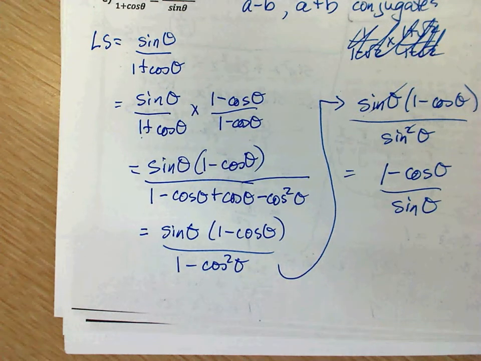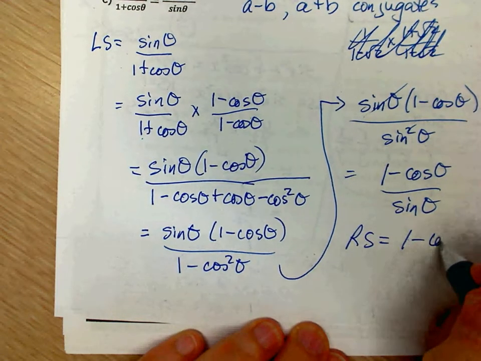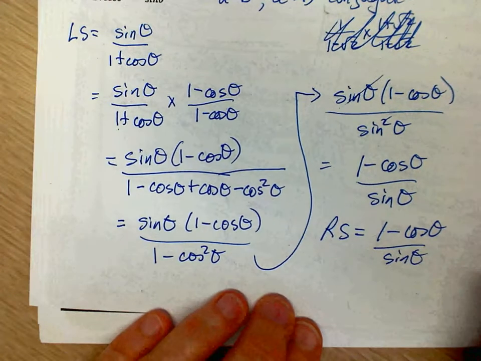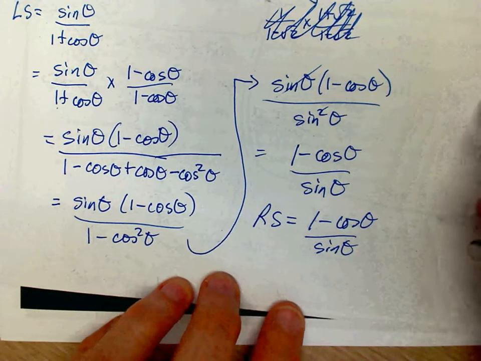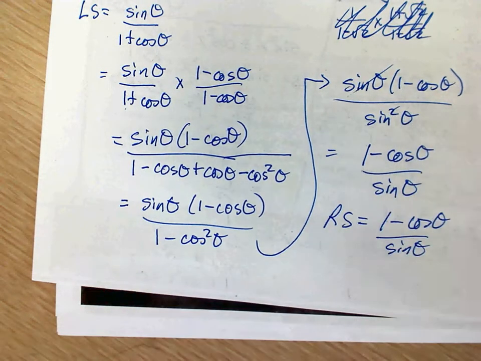Can I explain anything better? Wait, how is it that sine theta over sine squared theta cancels out? No, it doesn't cancel out. There's still sine theta, just the square, the exponent. Why don't we try the numerator, the 1 minus cos theta?